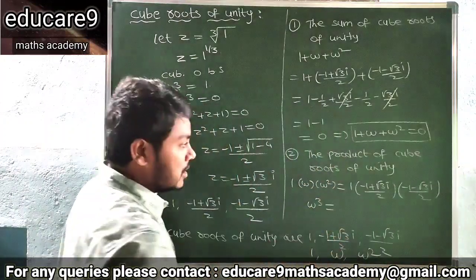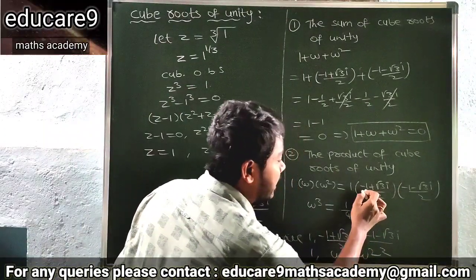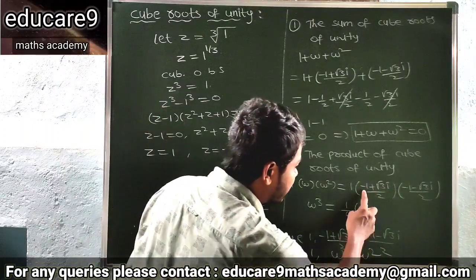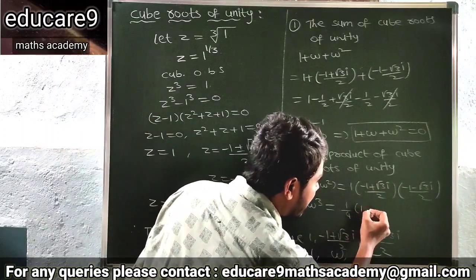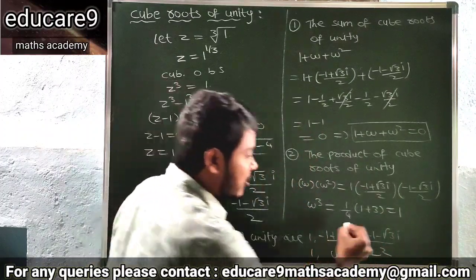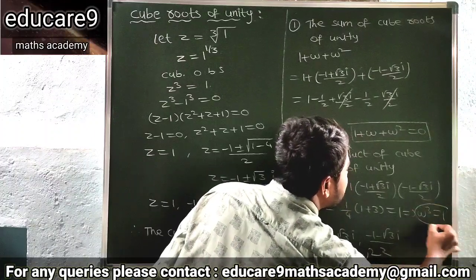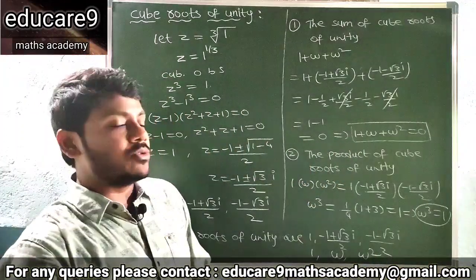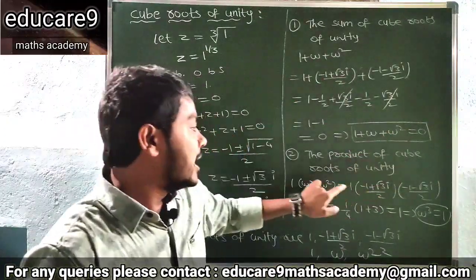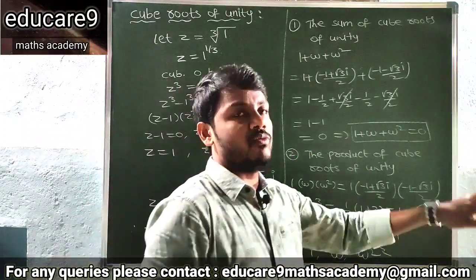This equals 1 by 4 into (a plus b)(a minus b), that is 1 plus 3. So clearly we get 1. Therefore the omega cube value is 1. So the sum of cube roots of unity is 0 and the product of cube roots of unity, that is omega cube, is 1.